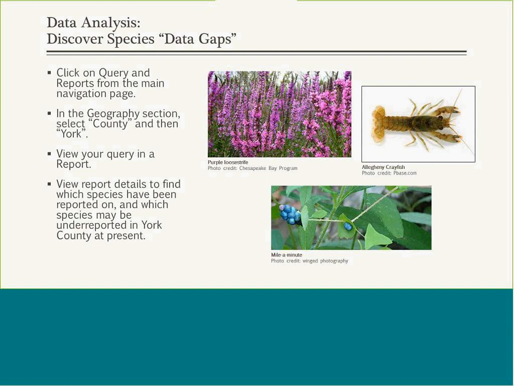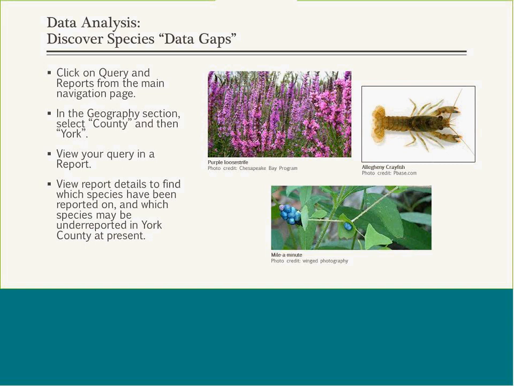So here's what you would do in order to figure that out. On the Query and Report section from the navigation page, in the geography area, you'd say county and then York County, and then choose to view your query in a report. And from there, you'll be able to figure out all the different species that have already been reported on in York County, and you'll be able to look at that data and say, well, I don't see Japanese knotweed on this list, and I know Japanese knotweed is one of the species that is in my county.